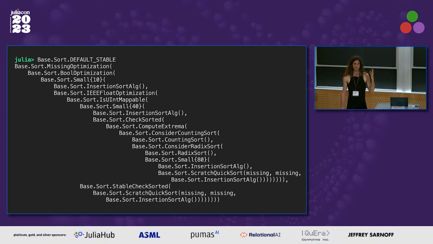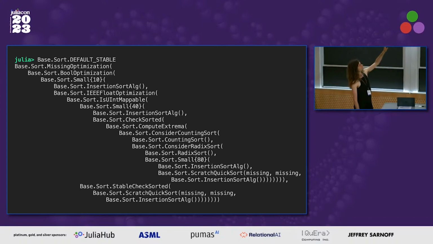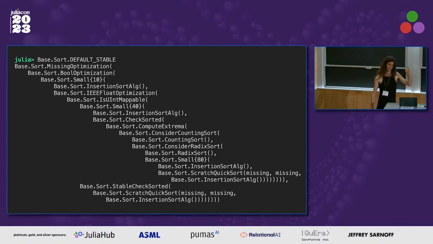One reason is if you have a union between missing and bool, what this optimization does is first do the missing optimization and swipe out the missings, and then it can still do the bool optimization. So rather than method ambiguity of is it a union with missing? Yes. Is it a bool? I guess it wouldn't be a bool at that point. What we have is like an order.